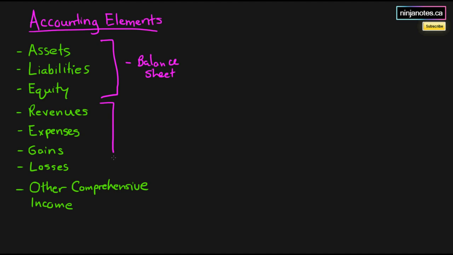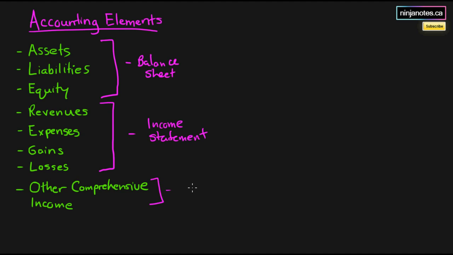So you'll actually notice that assets, liabilities, and equity all fall on the balance sheet, while revenues, expenses, gains, and losses are all income statement elements. And other comprehensive income is just comprehensive income that is not included in net income. That's why it is called other comprehensive income.